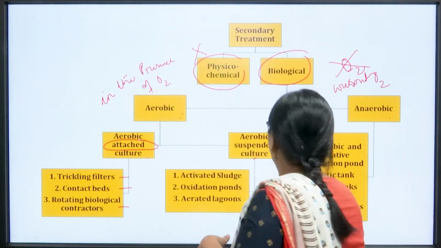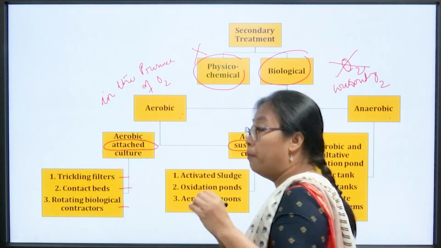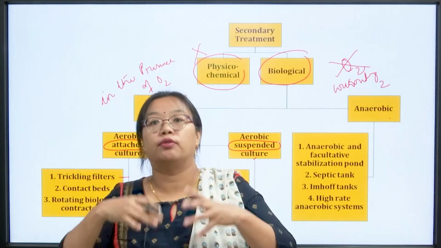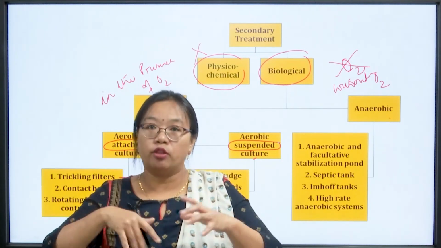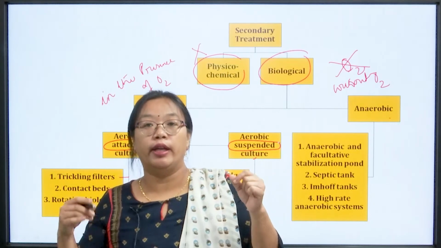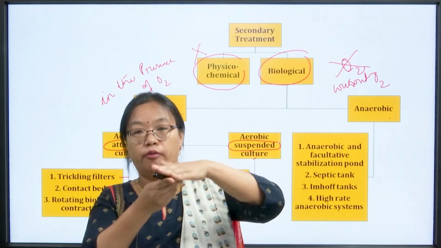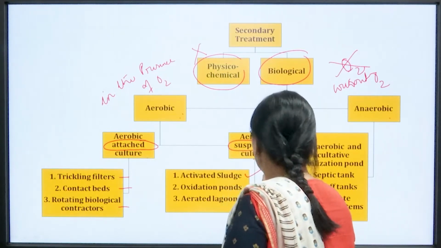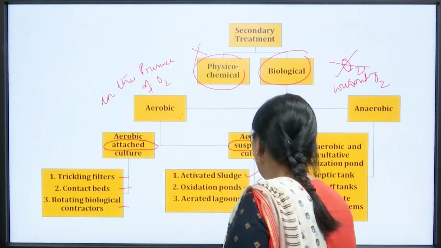Whereas in aerobic suspended, the bacteria is suspended, free flowing, not attached to anything, and can move around. In attached, it is fixed. Aerobic suspended can be activated sludge, oxidation ponds or aerated lagoons.